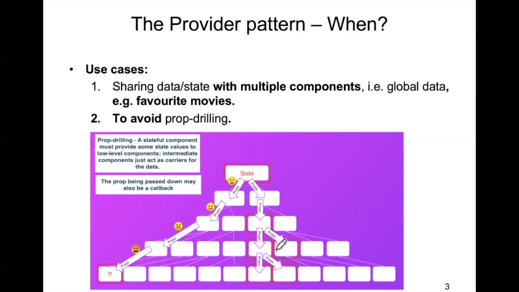Now, the only way we know how to do that right now is it needs to pass props right down through various intermediaries in order to get the data down to the components that actually need it. And that's what we call prop drilling. This is prop drilling going on here, which we don't like. And similarly over here. So that's the use case for this pattern in a React situation.